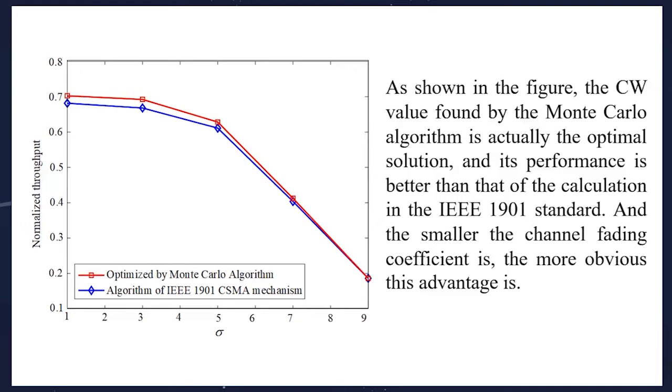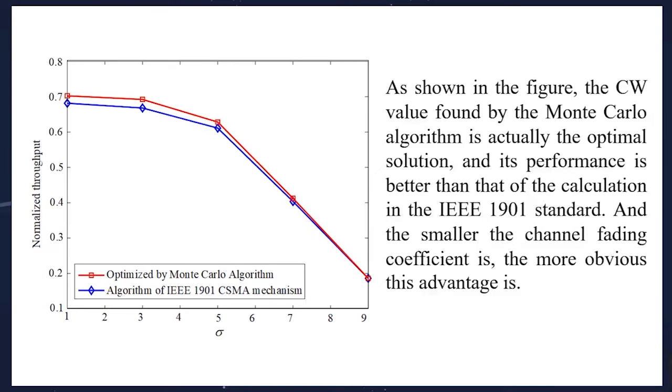This is because when the channel fading coefficient is smaller, the signal-to-noise ratio is larger at this time. So the outage probability of the system is smaller, resulting in a smaller system packet loss probability and higher throughput. Therefore, if the channel fading becomes severe, the system performance will have a negative impact.